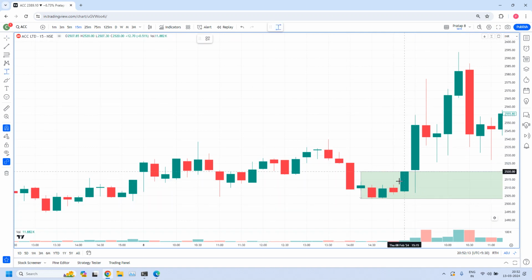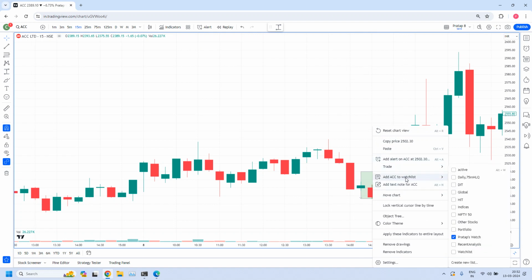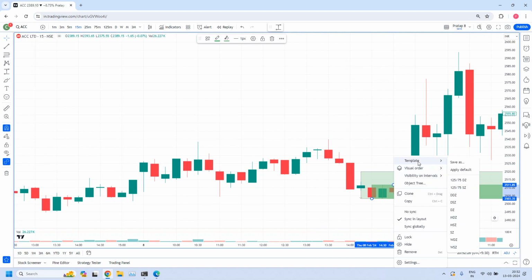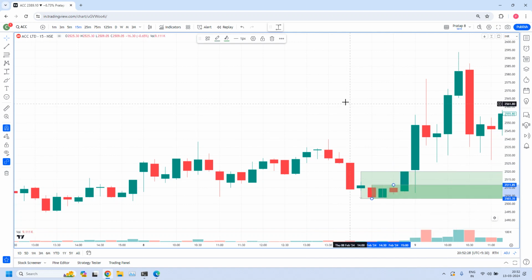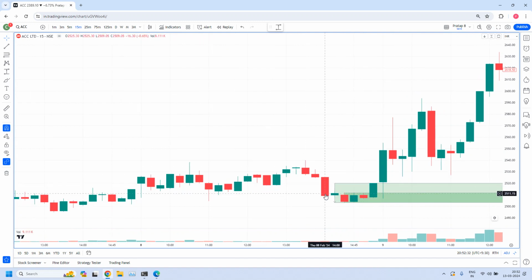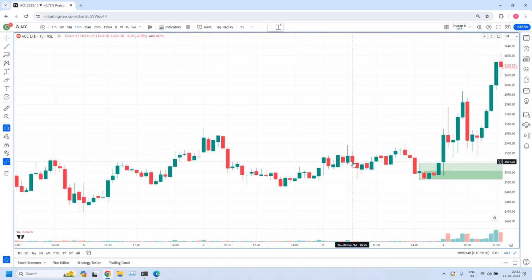But anyway, first you draw the zone. So this is a 15-minute zone. Drop, 4 base candles and a rally, and see here it picked up the orders. Okay, but 15 minutes, fine.